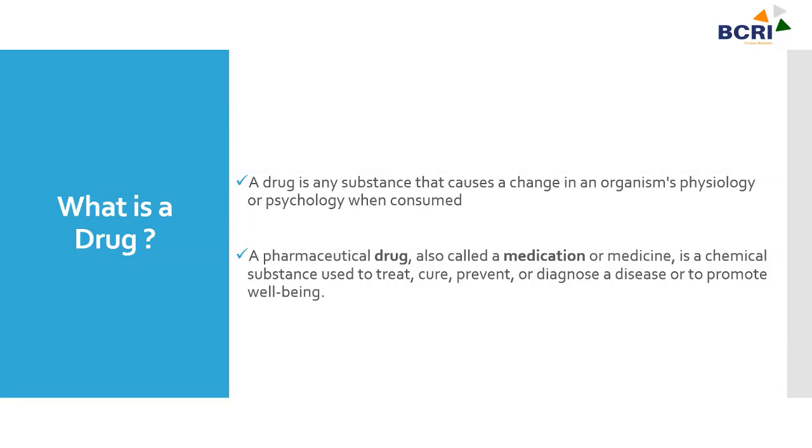A drug will be termed as medication when it is treating, curing, preventing, or helping in the diagnosis of a disease, or it promotes well-being. A pharmaceutical drug or a medication, that is what normal medicines do.